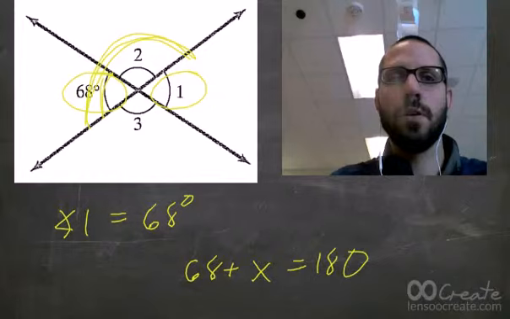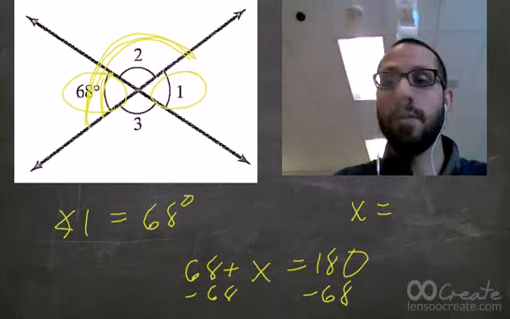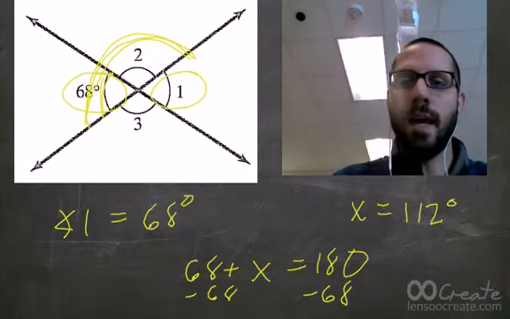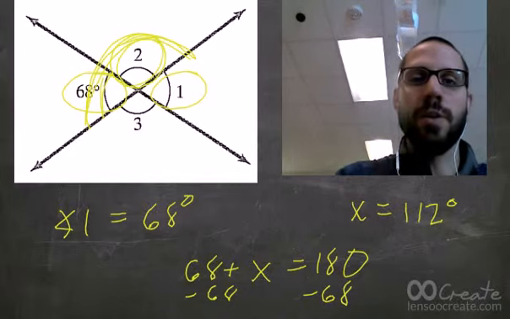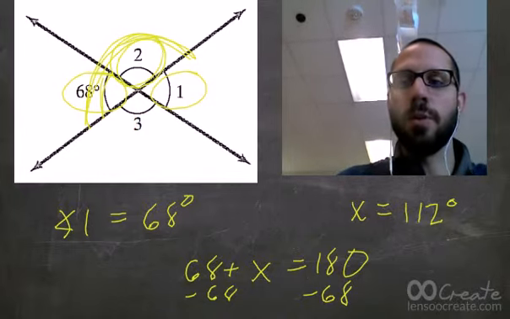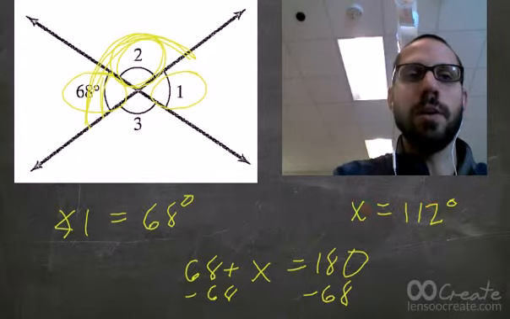If we subtract the 68, x equals 112. And if this is 112, angle 3 is vertical, so angle 3 would also be 112.